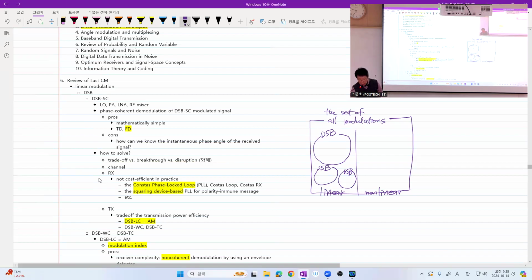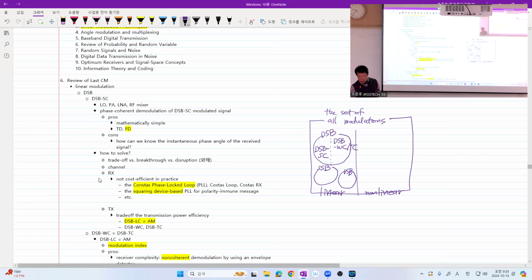And in DSB, we can divide it into two. DSB with suppressed carrier, which means no additional carrier signal, no unmodulated carrier signal. And here is DSB with carrier, or some people say DSB with transmitted carrier.